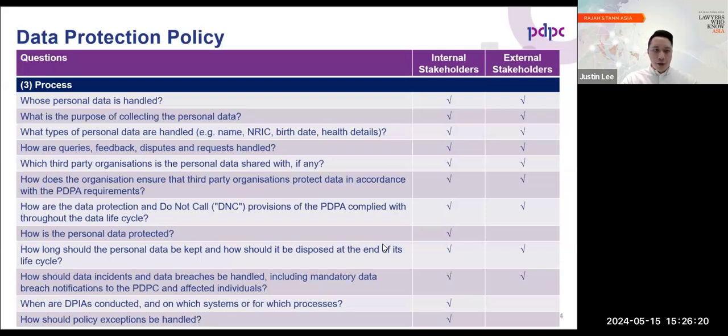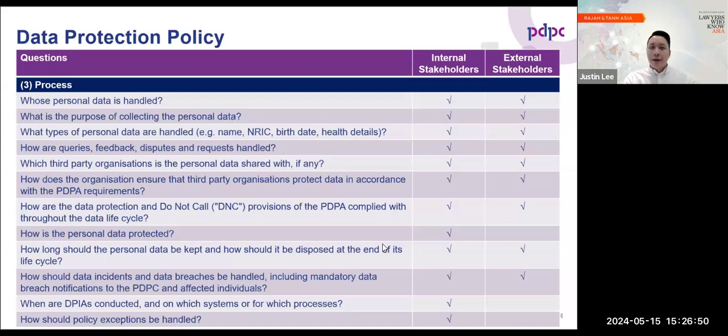I just want to call out a few important points out of this list here. For example, dealing with queries. What we like to tell our clients is that when it comes to queries received by any employee, it doesn't matter whether the employee is a receptionist or the CEO or the DPO.